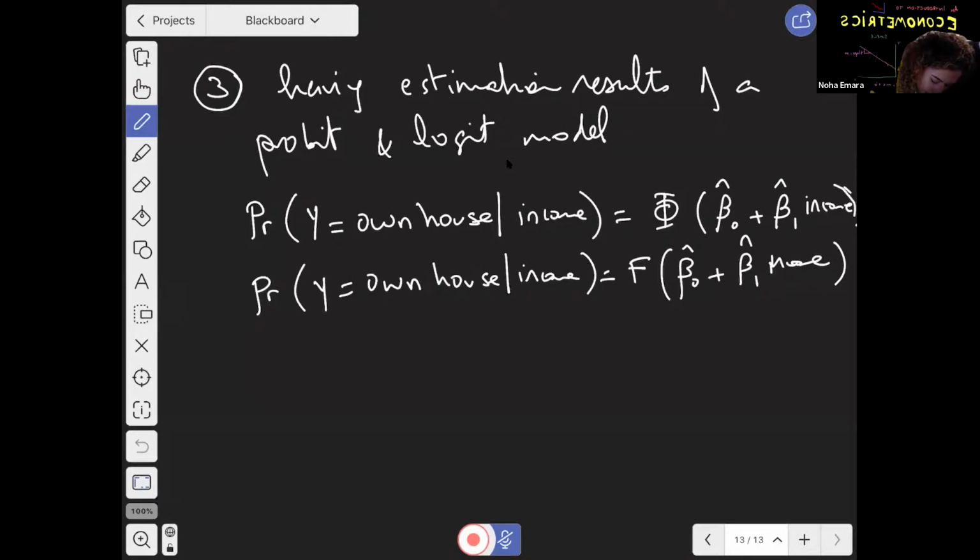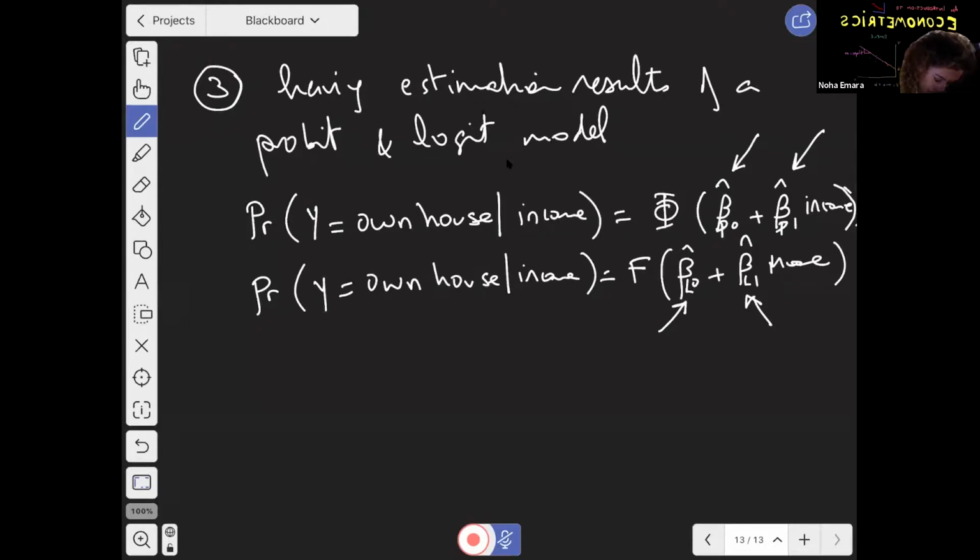It's very important to understand that this beta is not the same as this beta. They are linked by a different function, and that's why we have to give them different names. So this one I'm going to call P for probit, P0, P1. This one I'm going to call L0, L1. Okay.